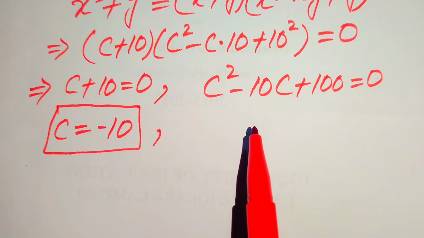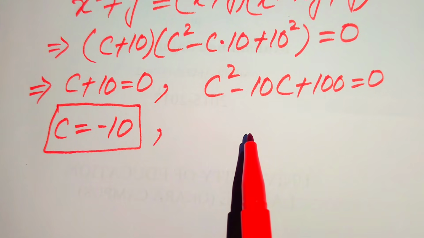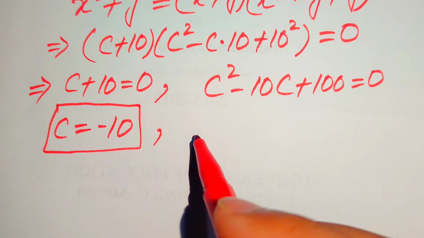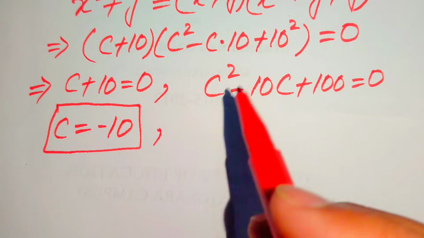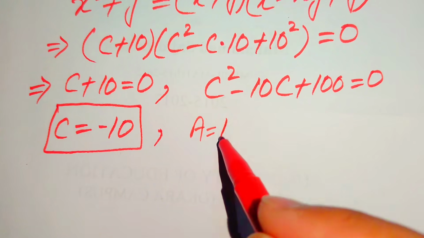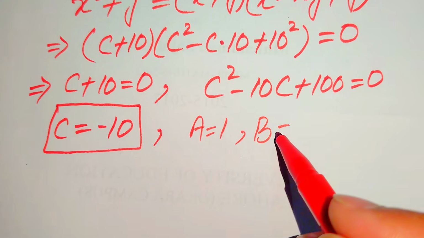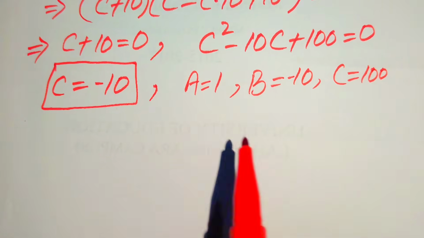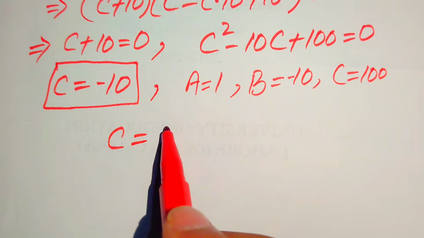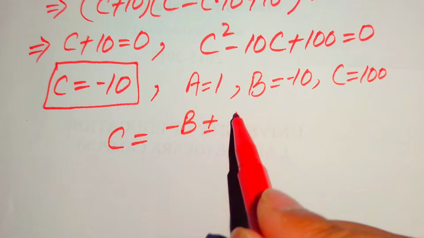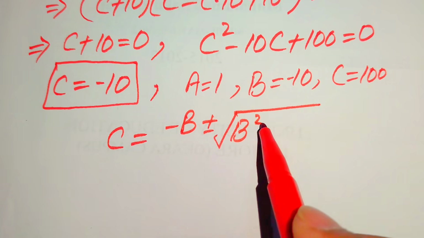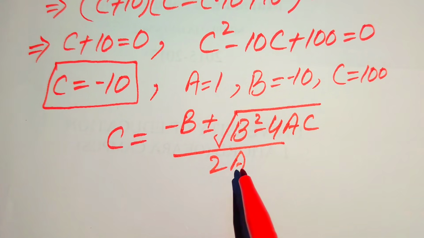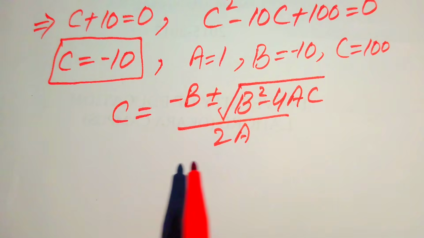And you see that this is a quadratic equation, and here we use the quadratic formula to solve it. So for this we write the coefficients of this equation: a equals 1, b equals minus 10, and c equals 100. And we state the quadratic formula as minus b plus minus square root of b squared minus 4ac, divided by 2a.